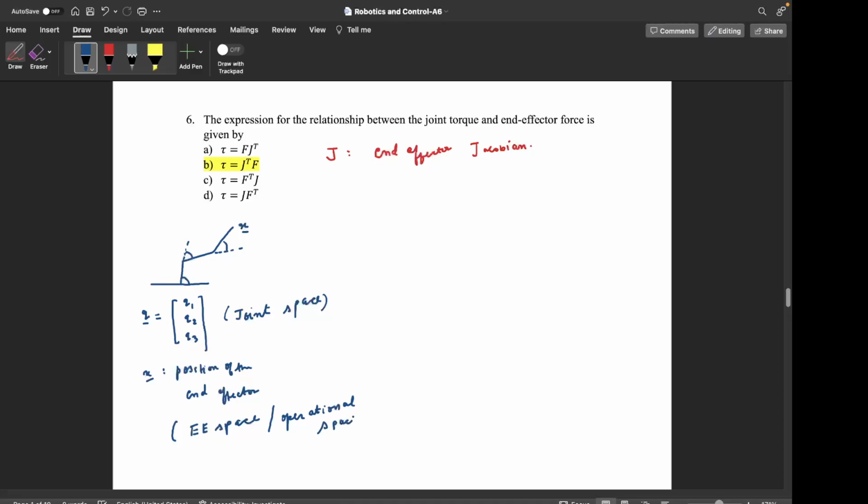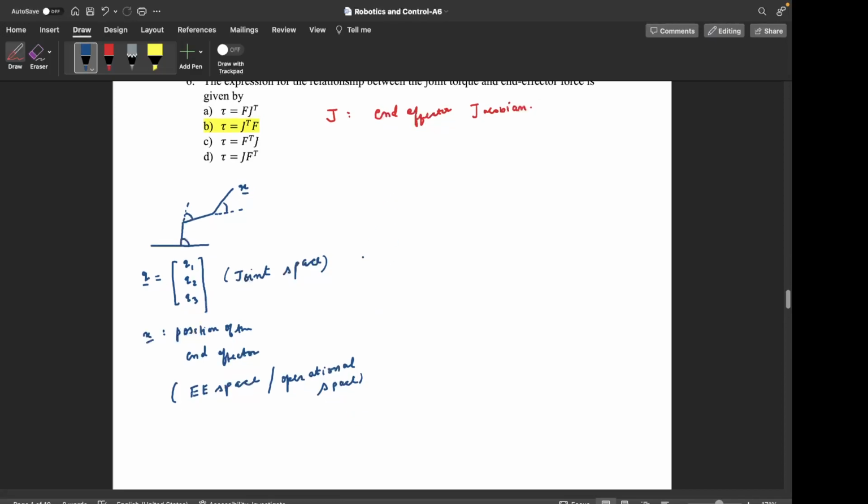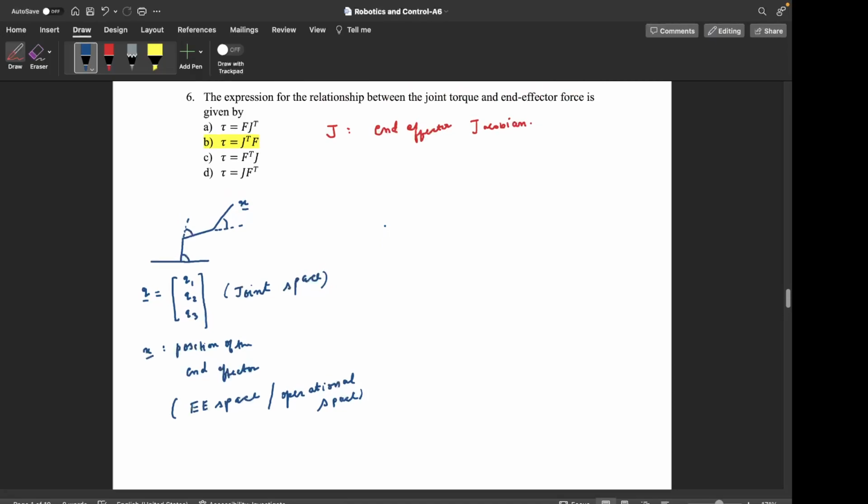You would see that quite commonly we keep switching between these two spaces, joint space and operational space. We do computations in whichever space is required, or in whichever space it is easier to do.